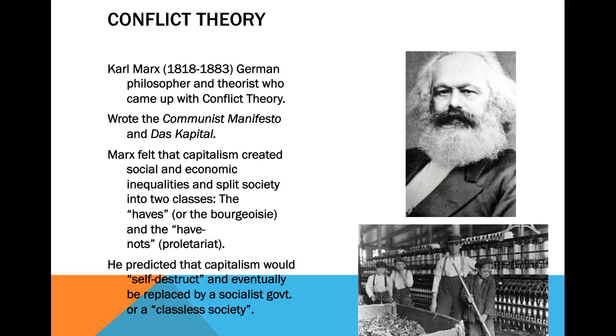And if people were not willing to replace capitalism with socialism, he predicted that capitalism would eventually self-destruct and be replaced by a socialist government or a classless society. The way that he predicted that would happen was that the proletariat, the have-nots, would gain what he called class consciousness and overthrow the oppressor and create this socialist, classless society.